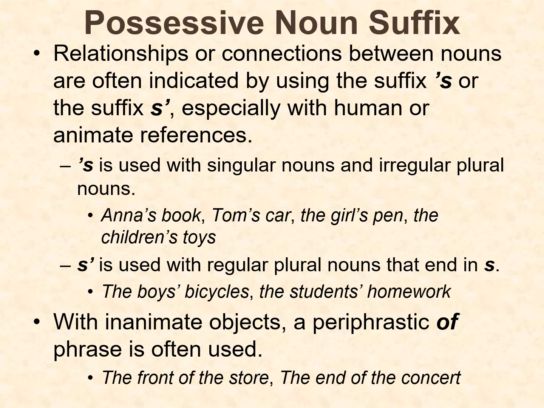So with these possessives, we have a tendency to use the suffix, either the apostrophe s or s apostrophe, when referring to humans or animate beings, living beings. And when referring to inanimate objects, the preference is often to use a phrase with of.